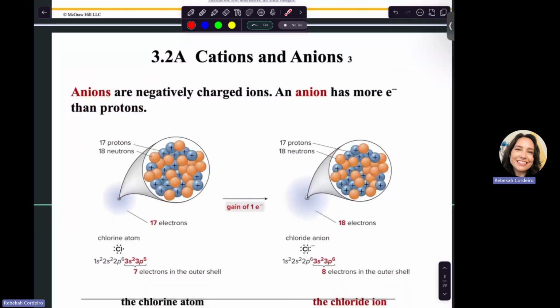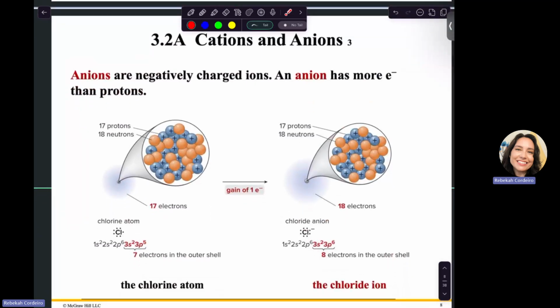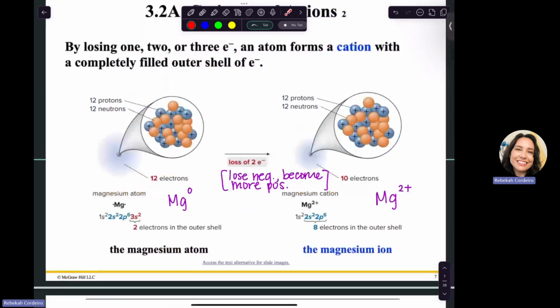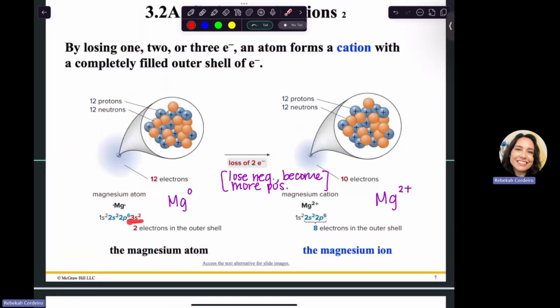Anions are negatively charged ions. An anion has more electrons than protons, so it has more negative than positive stuff. If we start with chlorine, Cl, with a charge of 0 because it has 17 protons minus 17 electrons, and it has 7 electrons in the outer shell, well, it wants to have 8, so it'll gain 1 to get to 8. For others, like one that has 2, it can gain 6 or it can lose 2.